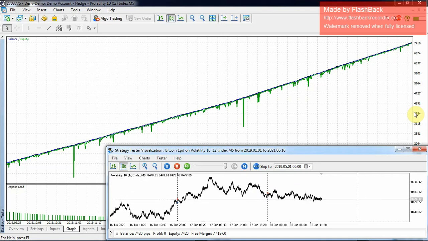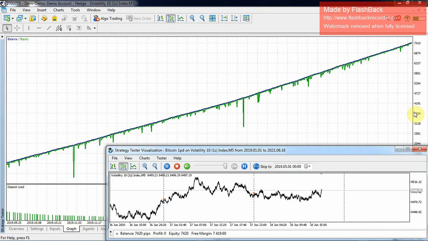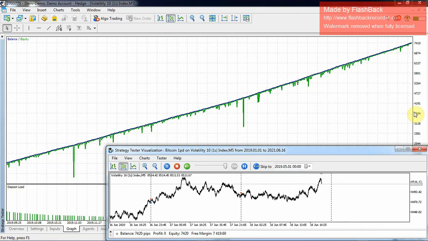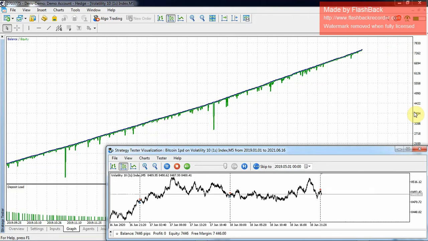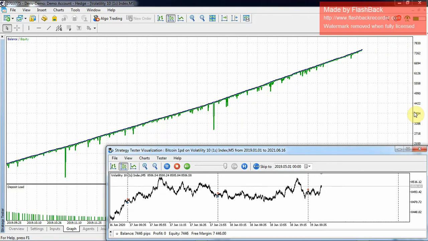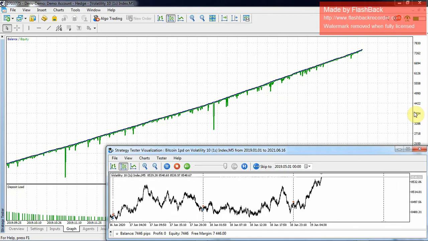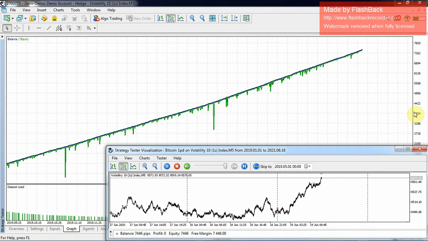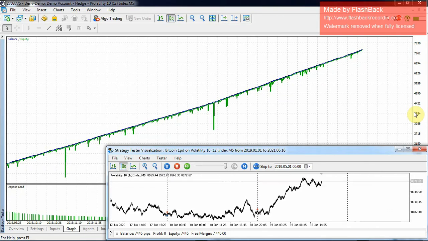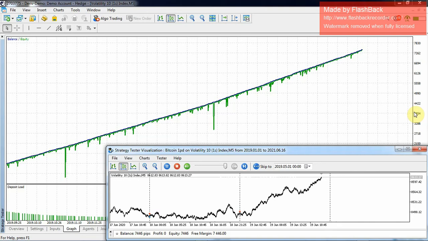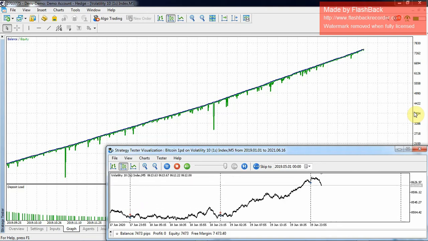18th June 2020. We're using a small lot size so that we're not taken out when our stop loss has been hit. We have to live to fight another day. This is a battlefield. This is a jungle. You have to survive to fight another day.